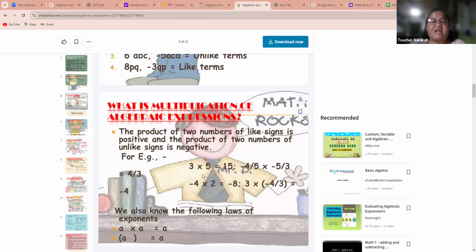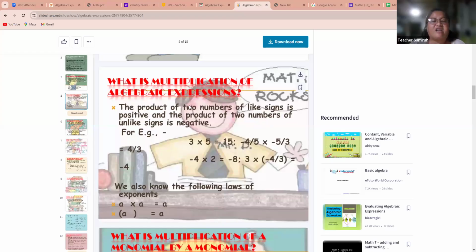What are the examples? You know this one already. 3 times 5, take note. Without a sign, if we see a constant or a variable without a sign, it is actually considered as positive.